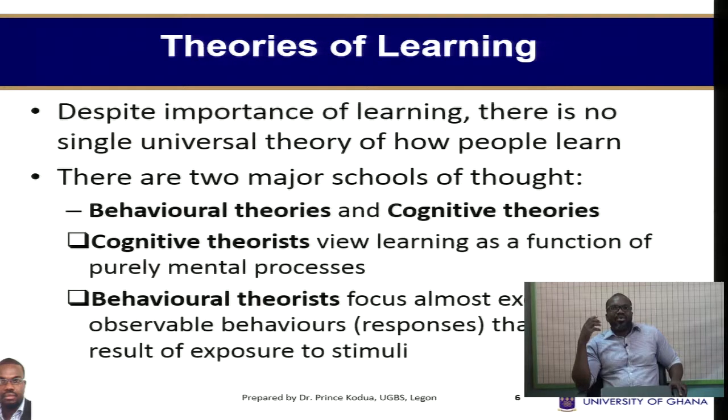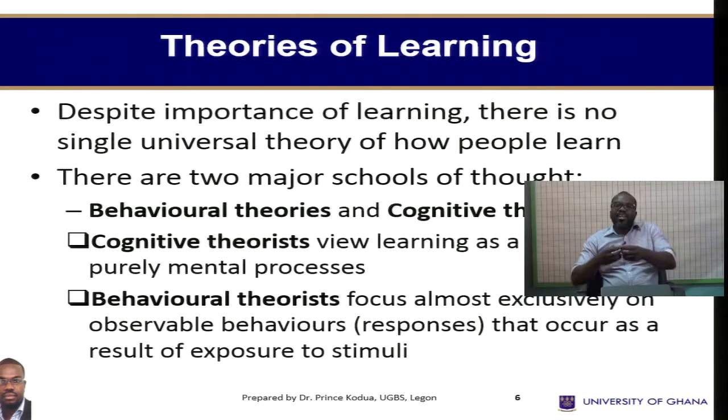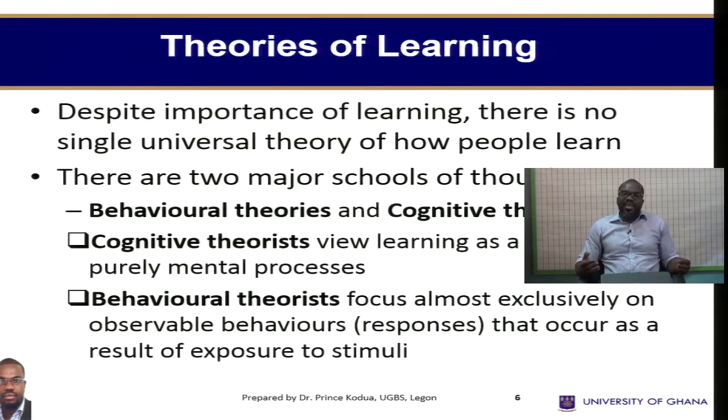So it has to do more with what goes on in the mind when consumers are exposed to stimuli in the marketplace. Behavioral learning theories has to do with consumer exposure to stimuli in the marketplace. But these theories pay little attention to what goes on in the mind.